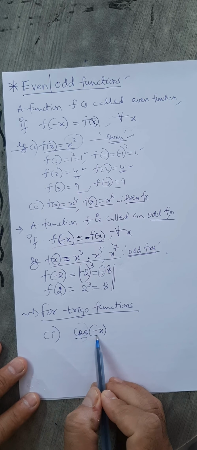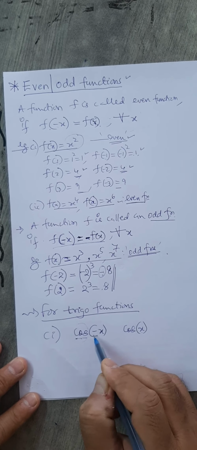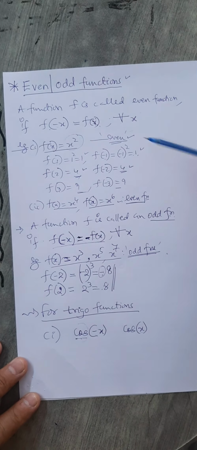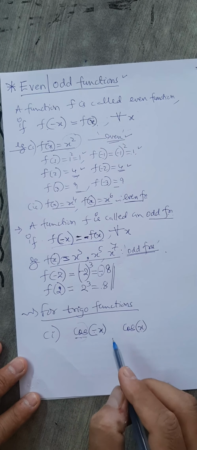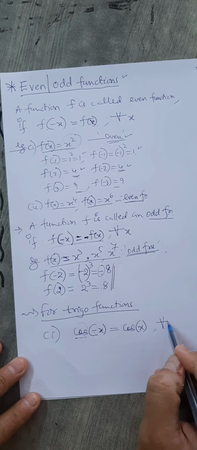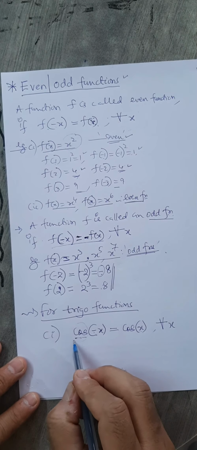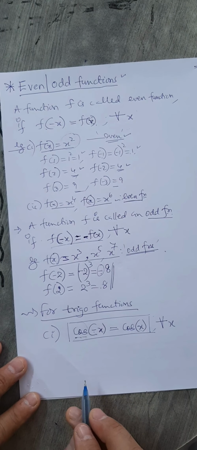F of minus x, and this is cosine of x. This is our angle x, which is a variable, arc length. Here variable x and minus x both are equal. For cos function, these are always equal. For every arc length, you can verify. So cos is nothing but which function? Even function. This is an example of even function.